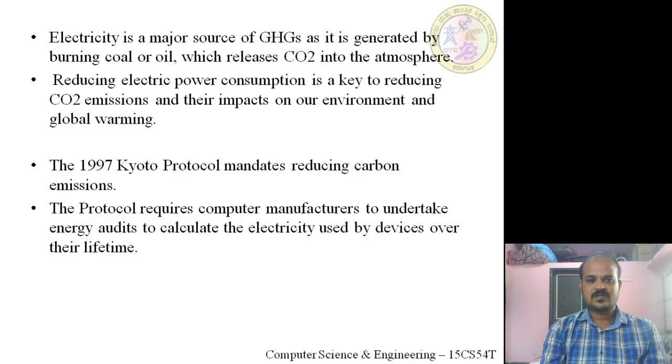Because carbon dioxide emission will again lead to an increase in global warming. So if you are reducing the usage of electricity, it will in turn reduce the carbon dioxide emission, which will again in turn reduce the global warming.